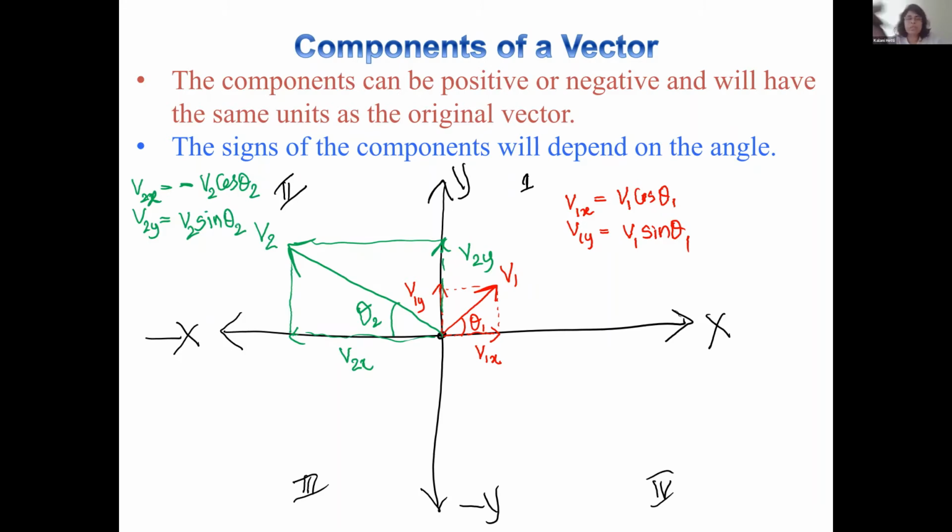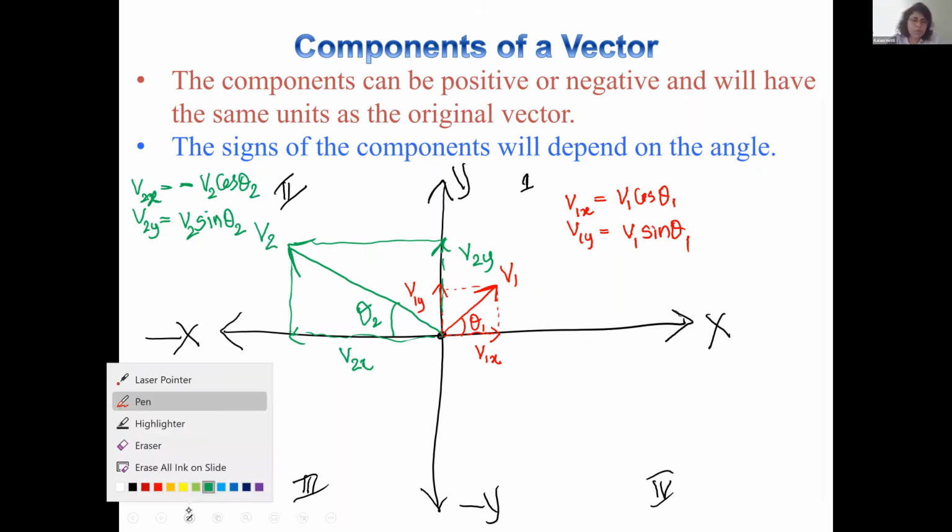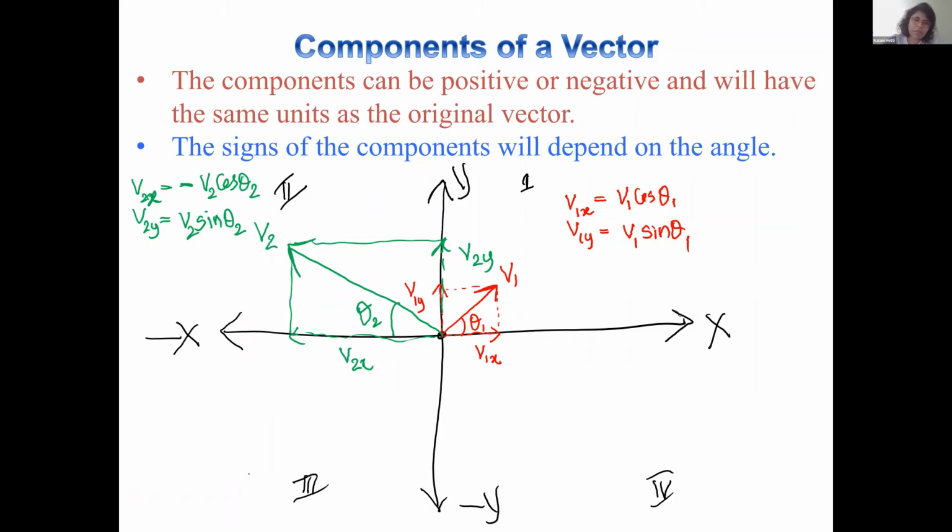Now you can work with the third and fourth quadrants exactly the same way. Say I have one vector in the fourth quadrant, V3. I need to find this distance as V3x and this distance as V3y. V3x is still positive, but V3y is in the negative y direction.